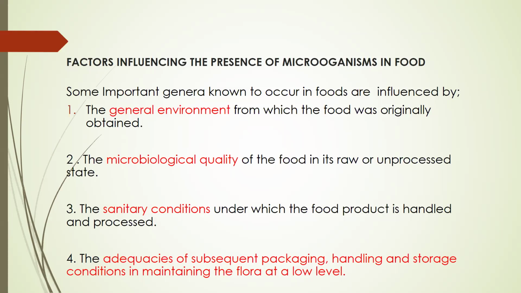The microbiological quality of the food in its raw or processed state is also a factor that may influence the presence of microorganisms in your food. What I'm trying to say is that with raw food, for example, if I have a garden of vegetables, when you want to eat vegetables, you want to make them half cooked so that you don't lose the nutrients. But if I have a well fenced garden, or I use a screen house, rodents cannot go in there.